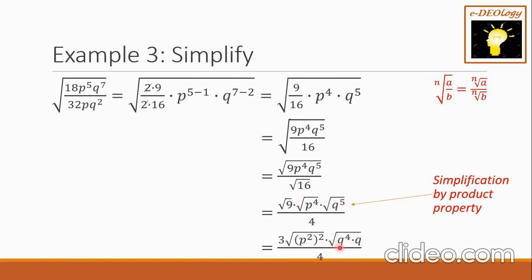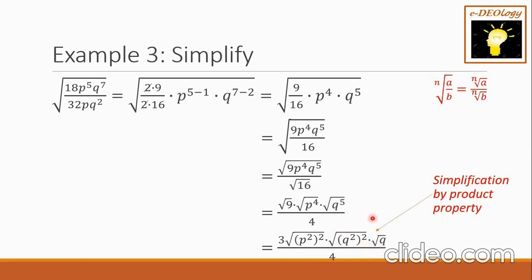We're going to put one factor with the exponent that is the highest multiple for the index. So this is q raised to 4 times q. The next is that q raised to 4 we're going to represent by q squared and then squared. And then this times q, just copy.